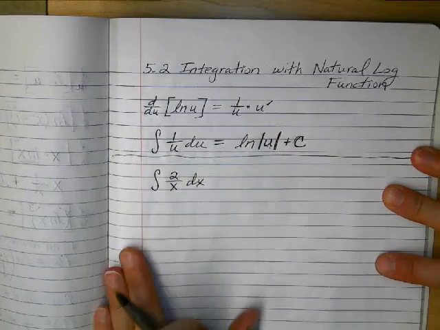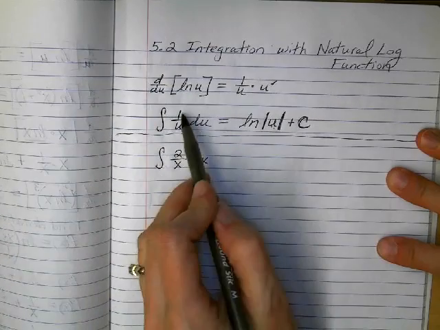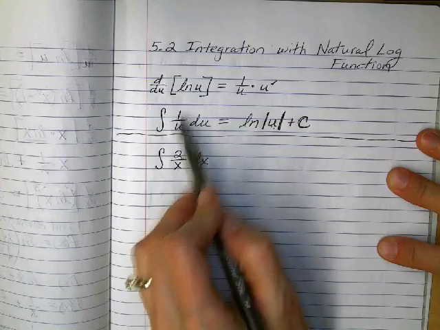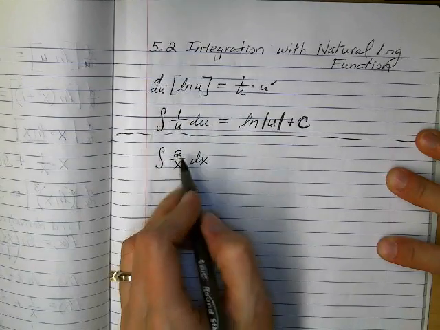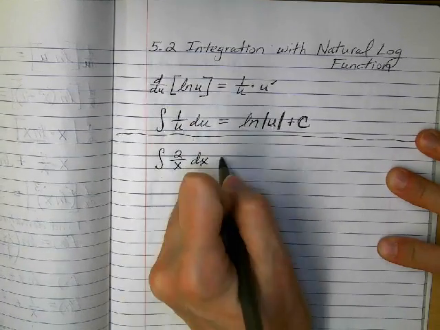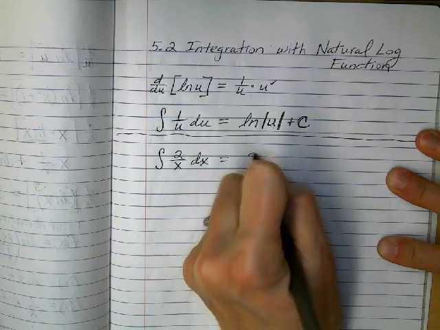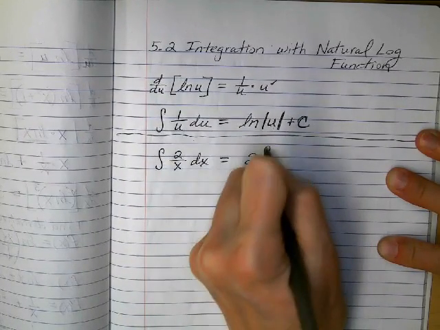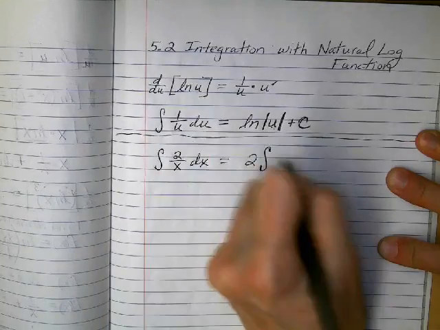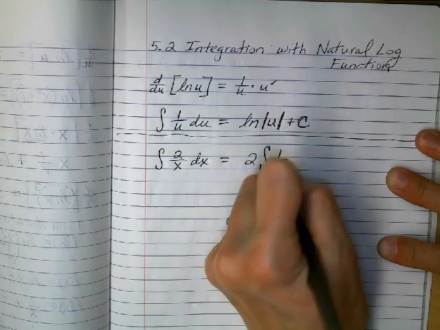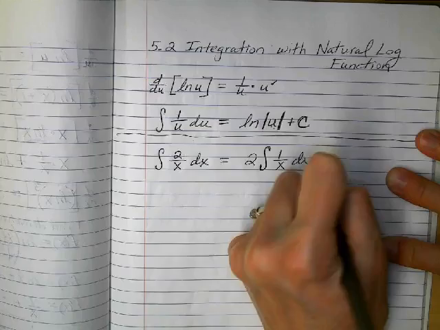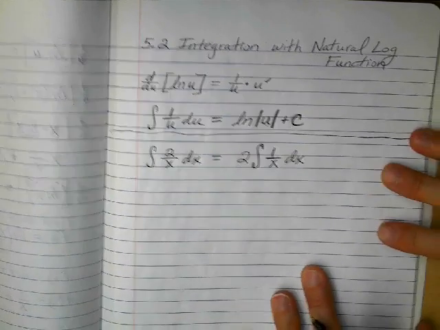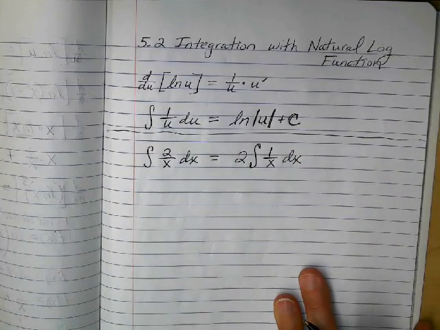Okay, so the integral is usually 1 over x or 1 over u. I have a 2 in this one. Well, the 2 on the top, you can pull out in front. The constant, the 2, can go in front, so it's 2 times the integral of 1 over x dx. Constants can go in front of the integral.